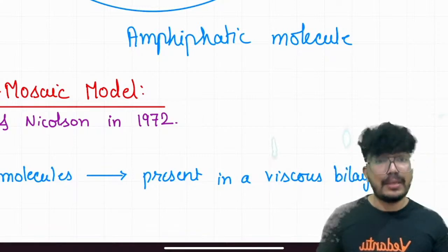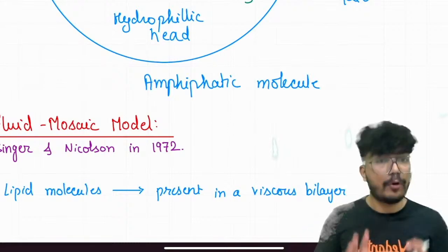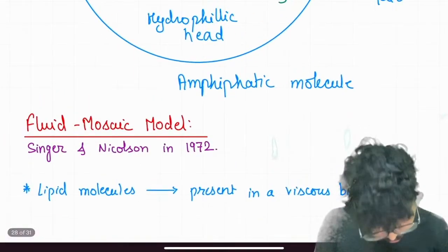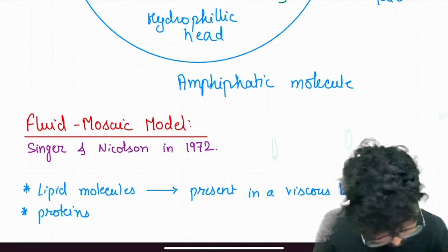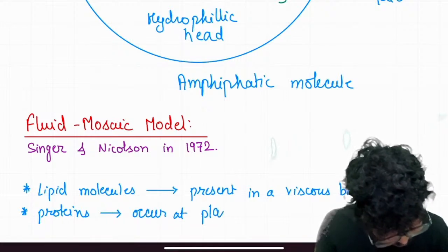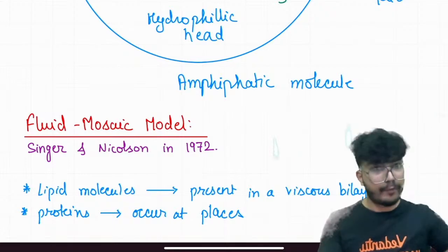And the protein molecules occur at places embedded into the phospholipid bilayer. What about the proteins? They said that the protein molecules are going to occur at places on both sides of the phospholipid bilayer, right?